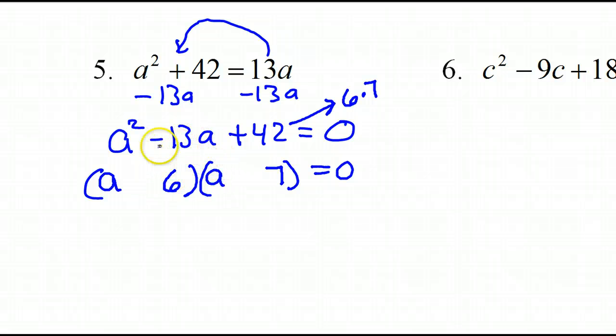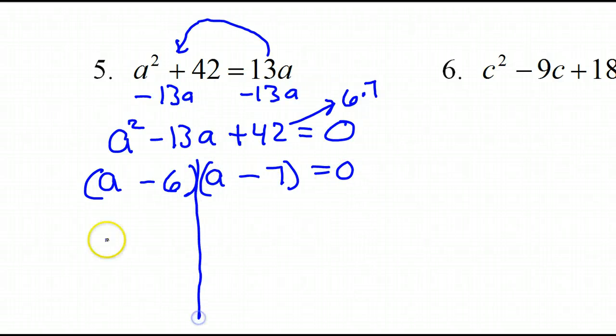Now, if I want a negative 13, I'm going to need negative 6 and negative 7. All right, and again, I'm thinking about inner and outer when I say that. All right, putting these two together, that will make negative 13. So hopefully the signs work out. Negative times a negative is a positive, so that's a win.